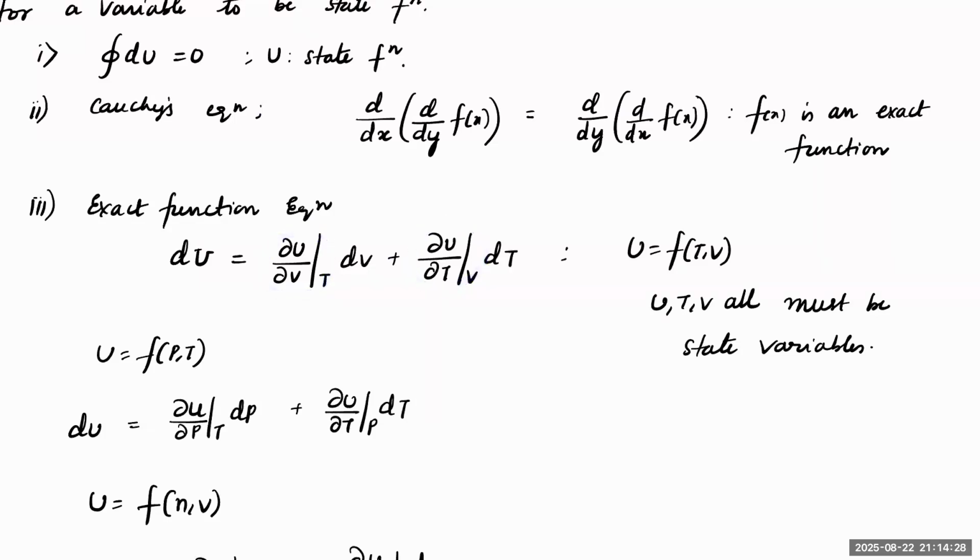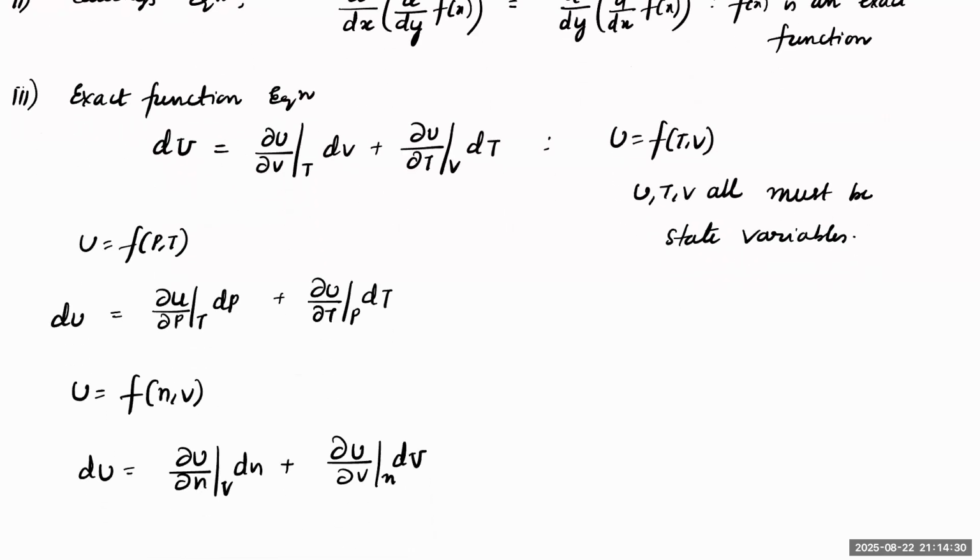Correct? See this best example here. For example, U, which is the internal energy. Internal energy is a state function, but it can be expressed with two other state functions, T and V. So imagine internal energy is a function of T and V. Here U, T, V, all of them are state functions.